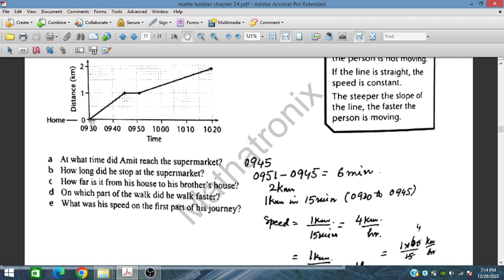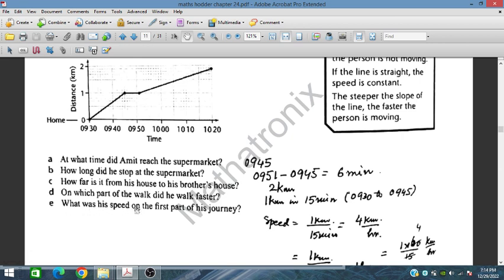In this time duration he walks faster, because in just 15 minutes he travels 1 kilometer. So this is the fast pace he walked initially, in the first 15 minutes from 9:30 to 9:45.